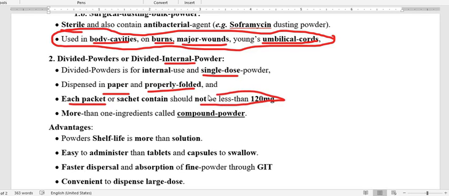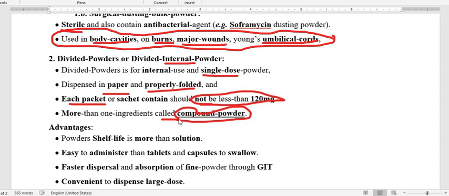So this is very, very important. And the last one: if a divided powder contains more than one ingredient or constituent in the preparation, it is called a compound powder. So this is an important one.